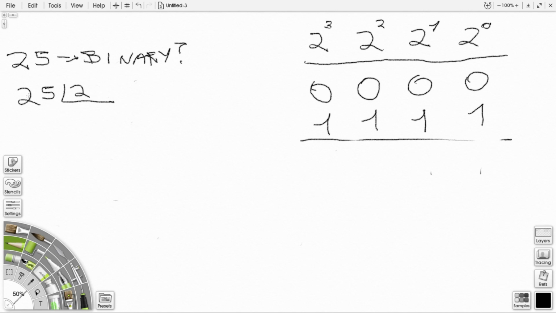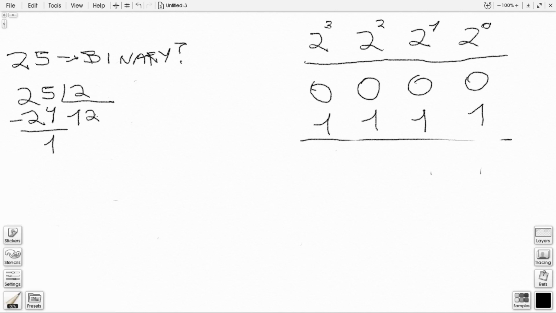So let's see how it is in practice. 25 divided by 2 is 12. 12 times 2 is 24. 25 minus 24 is 1.